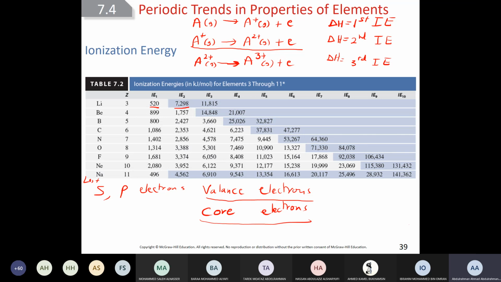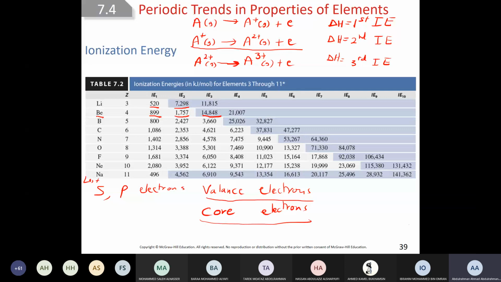When we go to Be, what's the first ionization? 899. The second ionization? 1757. The third ionization? 14,000. What happened? Big jump. Why? Because it goes to the core electrons.